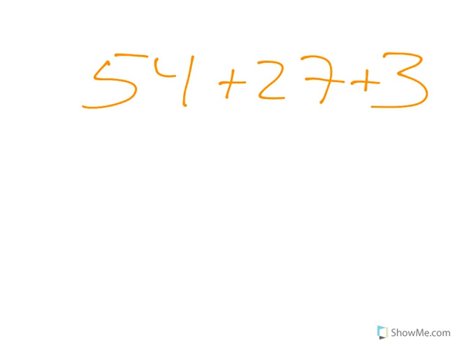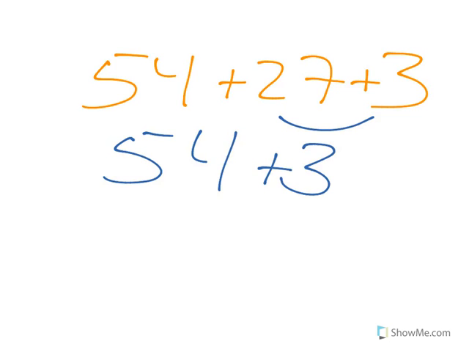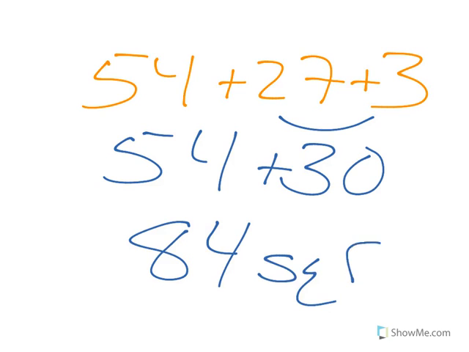I'm going to go ahead and add, and I like to do commutative property, so I'm going to add these two first. So I get 54 plus 30. It's just easier for me. And when I add those two together, I get 84 square feet, which the answer is D.